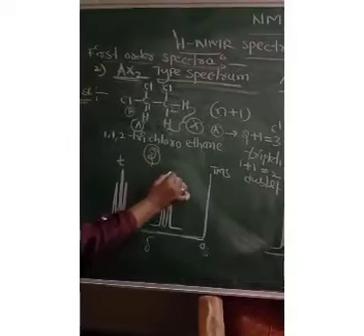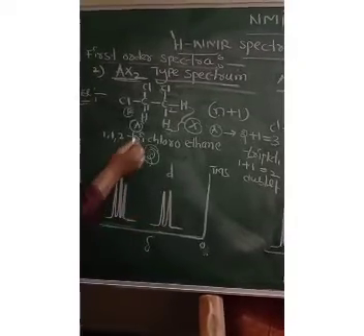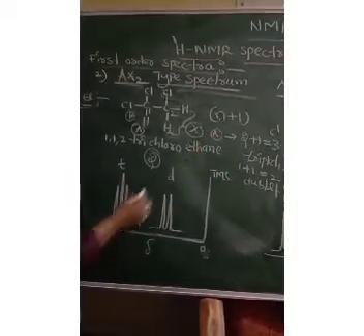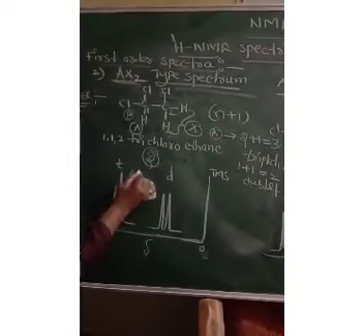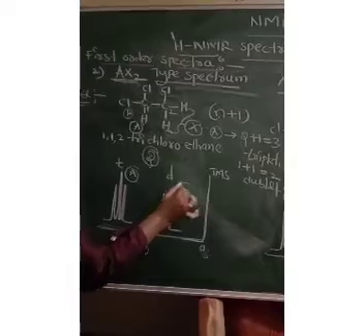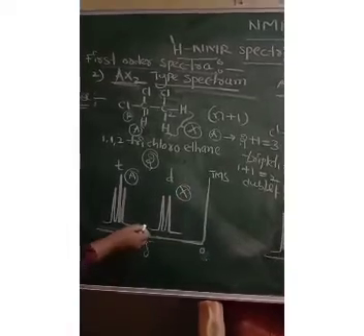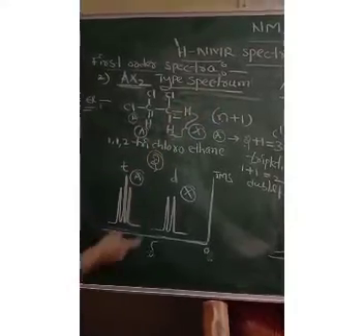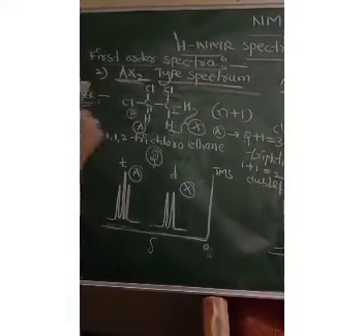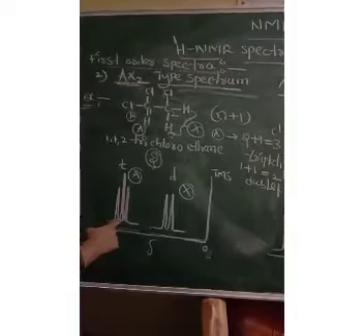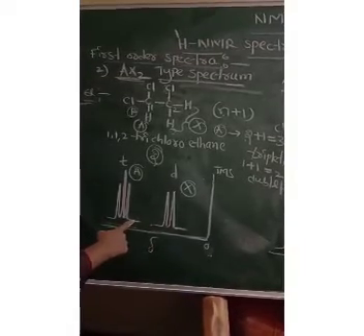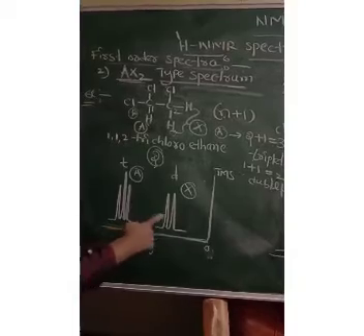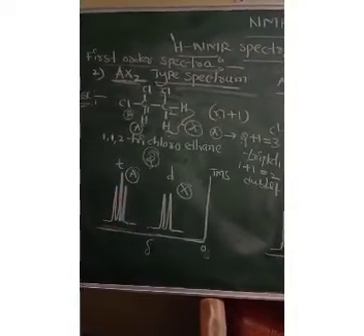The triplet is for the A type of protons, and the doublet is for the X type of protons. This spectrum is an AX2 type of spectrum, and it is a first order spectrum in proton NMR spectroscopy. It is a simple spectrum, because the chemical shift distance is very high.